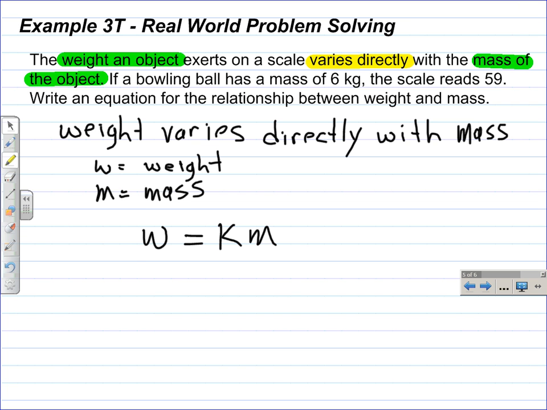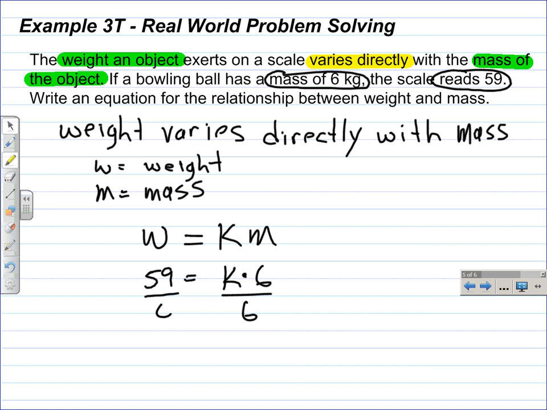The difference between what we just did and what we're doing now, instead of using x and y, we're using W and M. We're told in the problem that the mass is 6 kilograms. So in for mass, I'll put 6. We'll be multiplying that by k, and that the scale reads, or it has a weight of 59. We solve this equation for k, the constant of variation, by dividing each side by 6, and we find that the constant of variation is equal to 59 over 6.